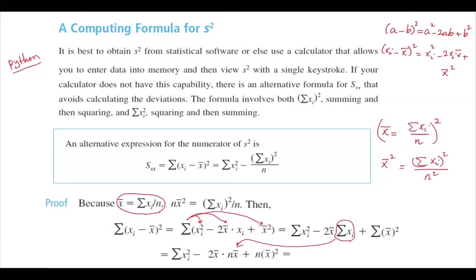Finally, here you don't have any i to work with. It's a fixed value. This is just the average raised to the second power. So if you find the summation of x bar to the second, you're basically adding x bar to the second n times. This is n x bar to the second.